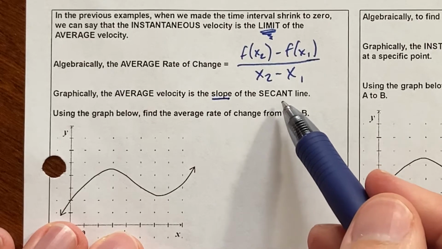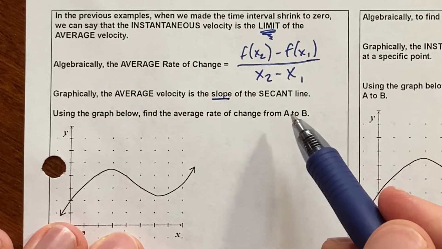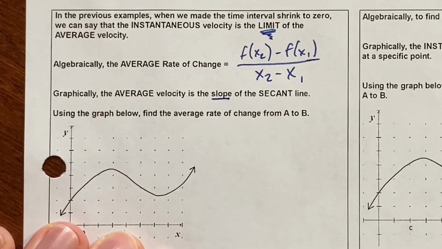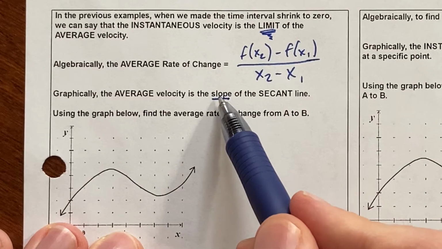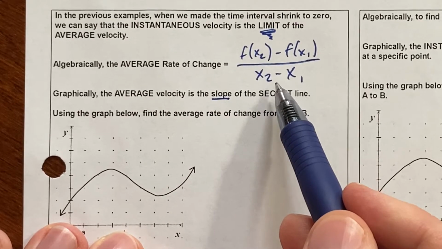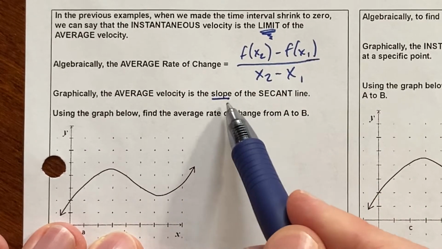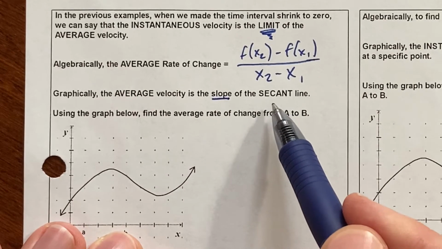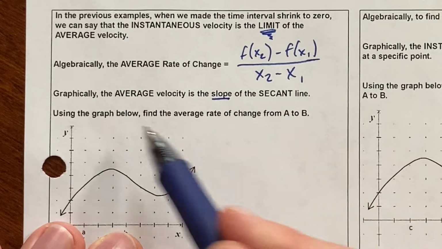Secant line, geometry. Hopefully you had a really good geometry teacher. Some of you did, some of you didn't. Sorry, Marilyn, you did not. Slope, rise over run. That's pretty much what you're doing here. Change in y's over change in x's. So the average velocity is the slope of a secant line. Secant line means it touches the line twice.